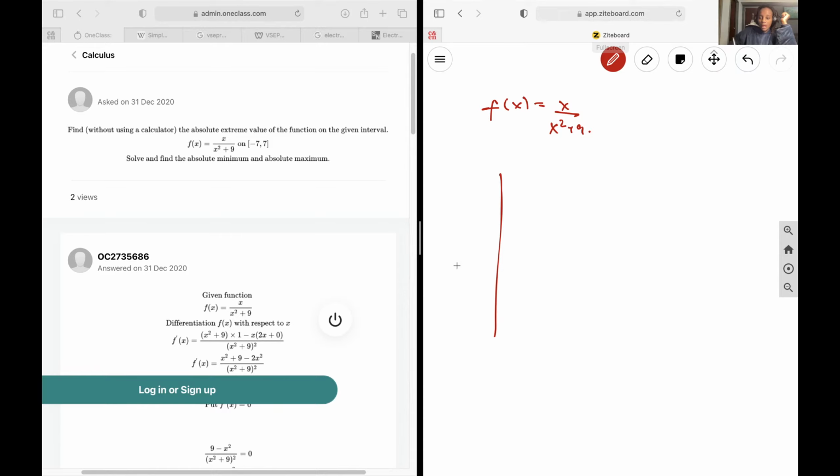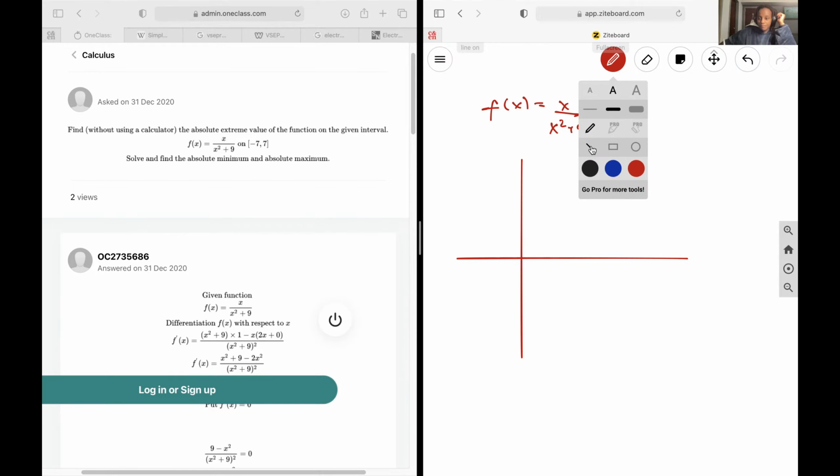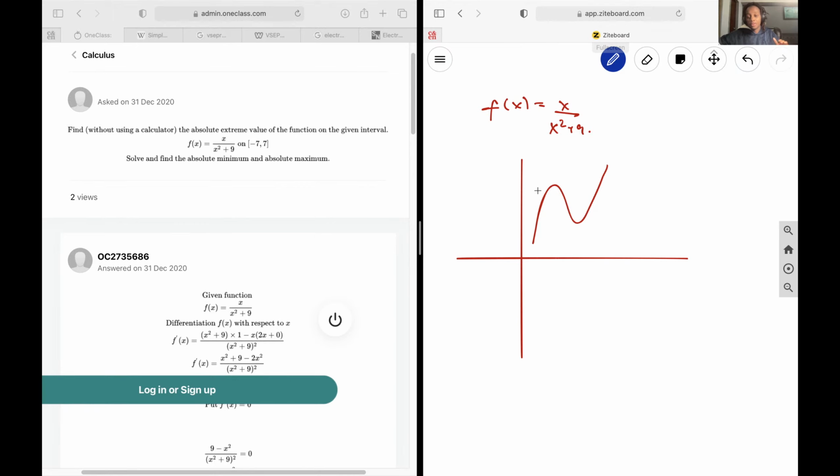Okay, so as a general example, let's take this function. Now we know that the derivative of a function at a certain point is its instantaneous rate of change.